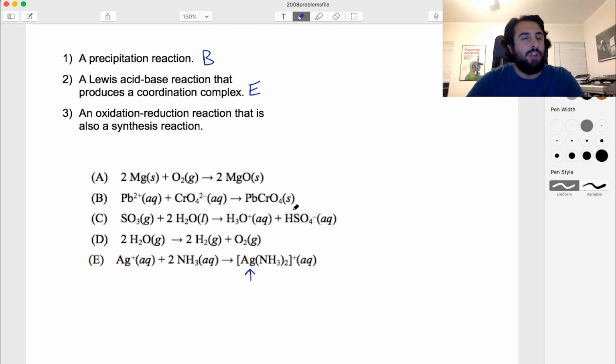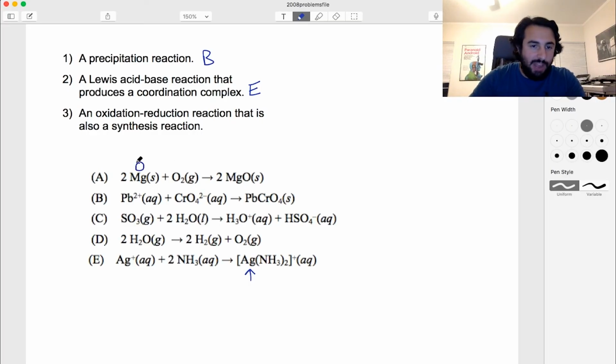Part B, you might get tricked by it, but remember this was a precipitation reaction. There's no electron transfer happening. We've got a 2 plus cation, a 2 plus anion, and then they hang out together and crash out of solution. So there's not any electron transfer happening, right? These still bear formal charges. But option A here, this works because it's two things becoming one thing, so that's synthesis.